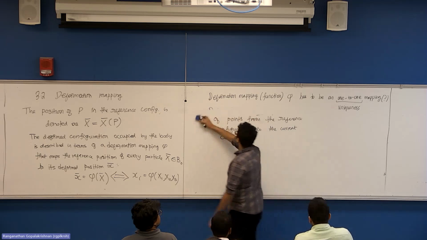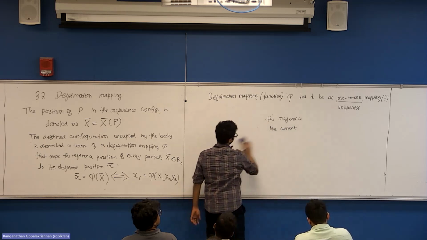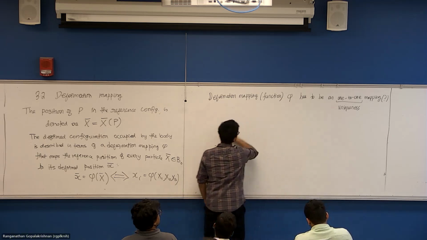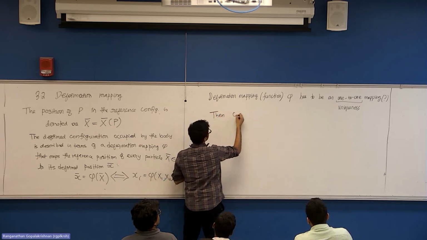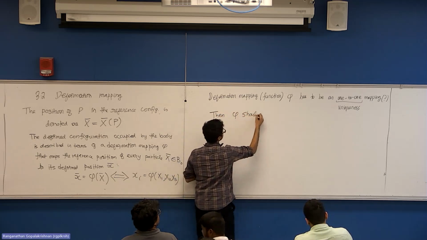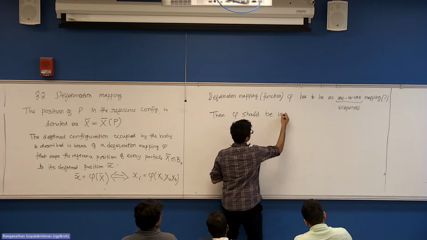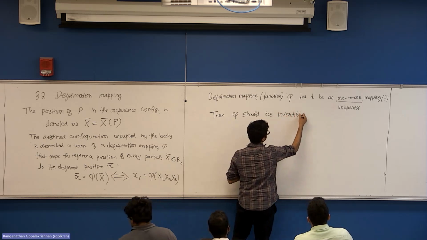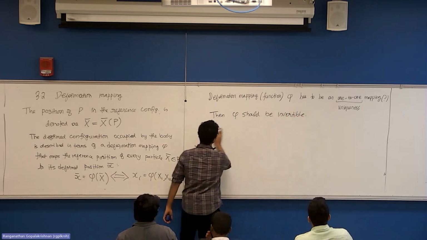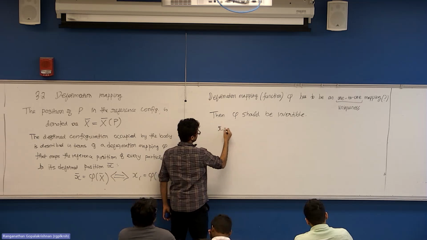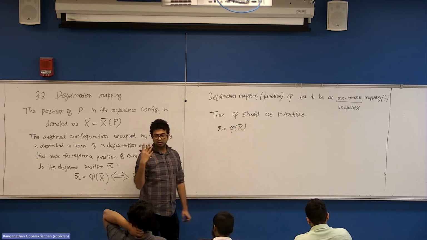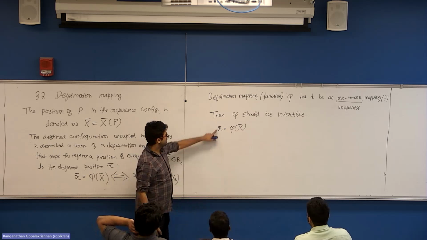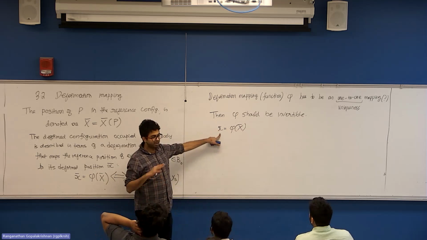So if phi is a one-to-one mapping, then phi should be invertible. That is, if x equal to phi of uppercase X, and if you are listening to this as an audio transcript, when I say x, I by default mean lowercase.